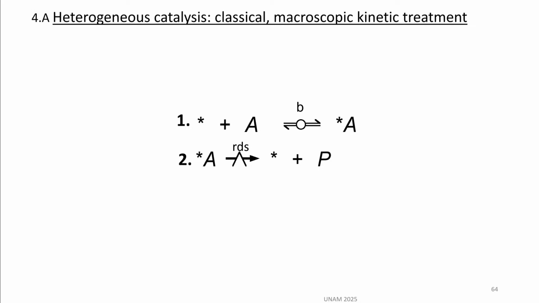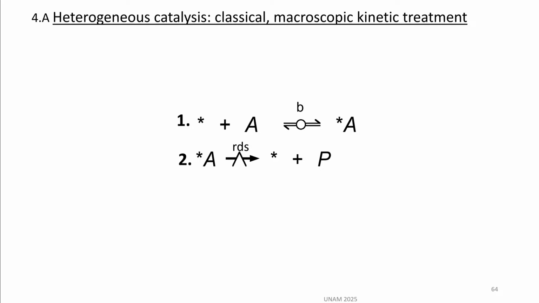If you want to treat it in the frame of kinetics, you must make some approximations or some hypotheses. Suppose that this is the rate determining step, the slow step, and this one is much faster, so we can believe that it's in a kind of equilibrium.